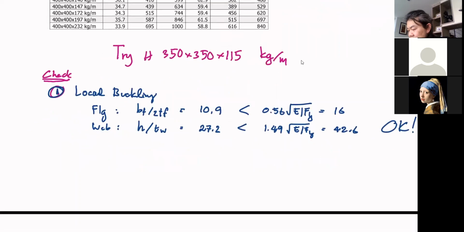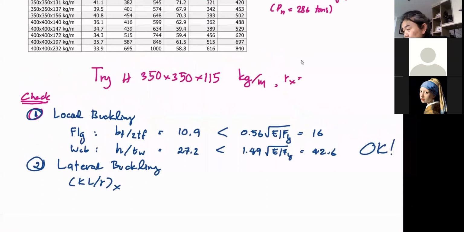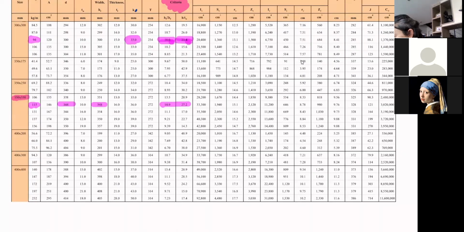And now we have the section. Let's see if I can squeeze everything in here. Lateral buckling. Now we check both axes. Again, remember? So you check KL over RX. Maybe I should do a better job. I should have RX here. It is equal to 15.1.